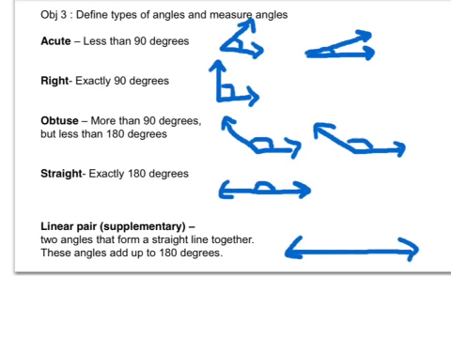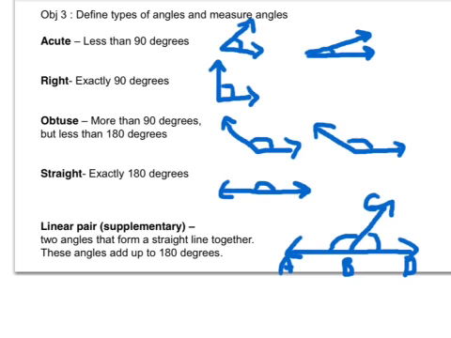So this right now is just one angle, but if I put another ray in here, all of a sudden I've made two angles. Okay, we can put some letters with it. A, B, C, and D. So I got two angles right here. There's one, and here's the other. Those two angles together form a straight line. So those have to add up to 180 degrees because a straight angle is 180 degrees.